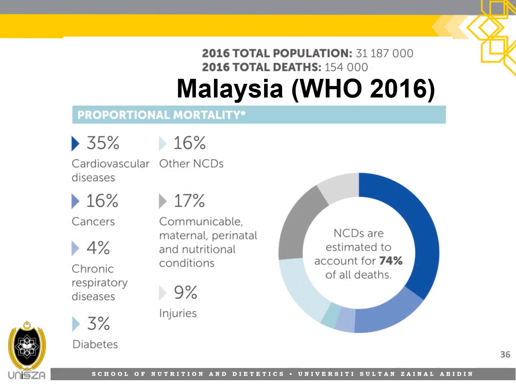This is an example of PMR for Malaysia. This data is taken from WHO in 2016. So we can see that PMR is 35% for cardiovascular disease, 16% for cancer, 70% for communicable, maternal, perinatal, and nutritional conditions, 4% for chronic respiratory disease, 3% for diabetes, 9% for injuries, and another 16% for other NCDs.